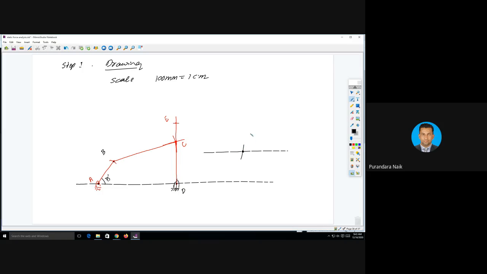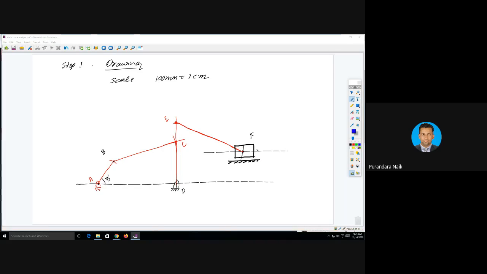This point is F. And join EF. EF piston.